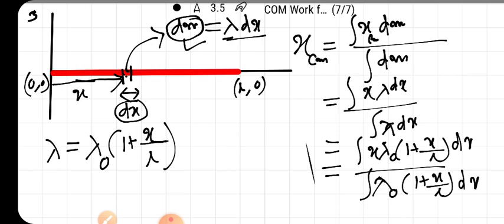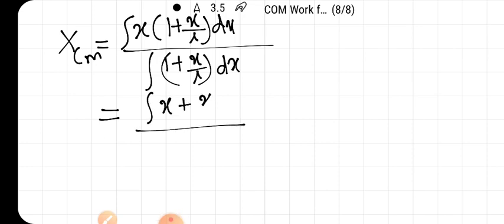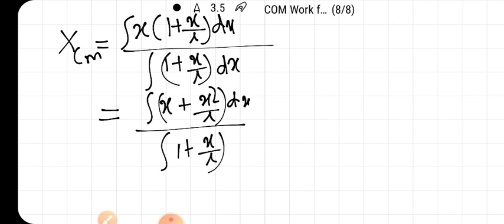Lambda naught is a constant and can be taken outside the integration, and it cancels. So the integrals are x plus x square by L dx over 1 plus x by L dx, with the limits of integration from 0 to L.